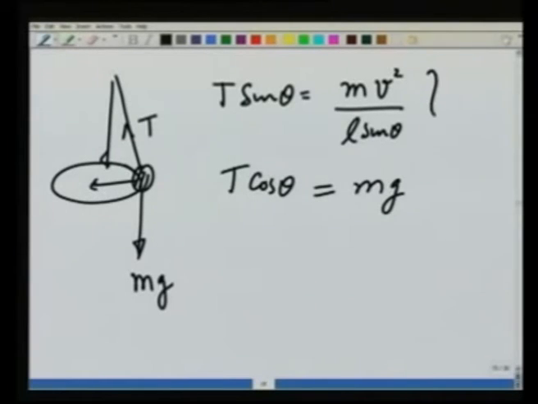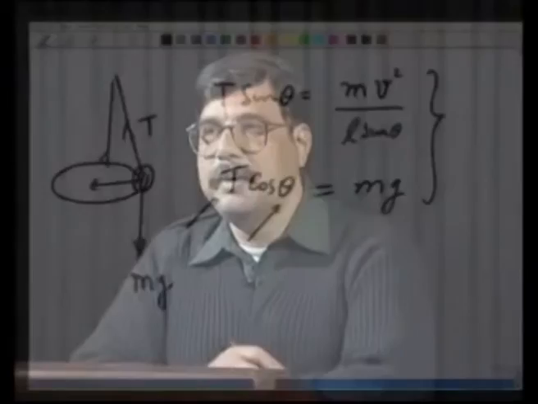We get two equations here, and therefore, we can solve them to get two quantities, theta and tension both, whereas when we apply dL/dt equals tau, we are getting only one equation. The reason is that when you take cross products, some components drop out.